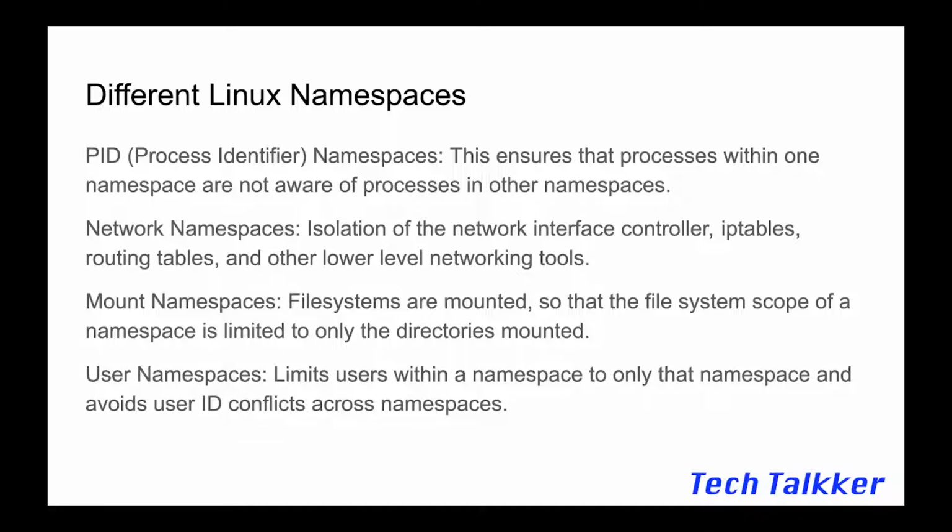Next is mount namespaces. File systems are mounted so that the file system scope of a namespace is limited to only the directories mounted. You don't want a container to be able to access all the files on your machine. The next is user namespace. It limits users within a namespace to only that namespace and avoids user ID conflicts across namespaces.